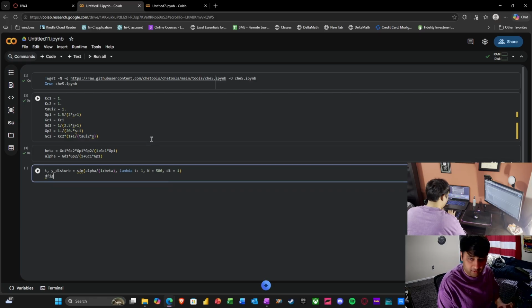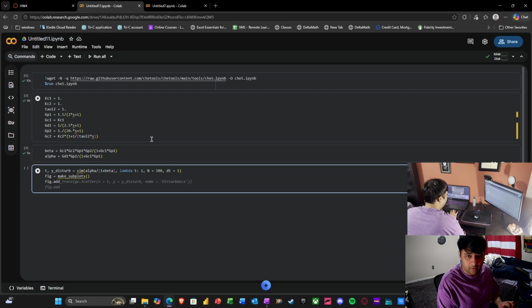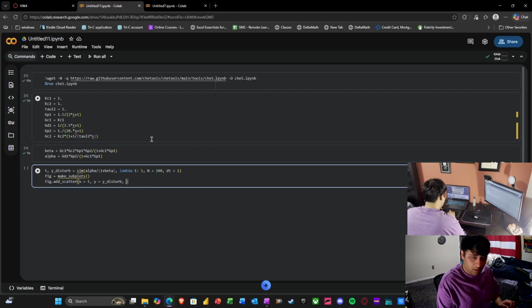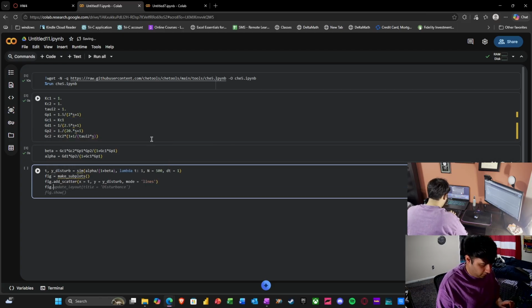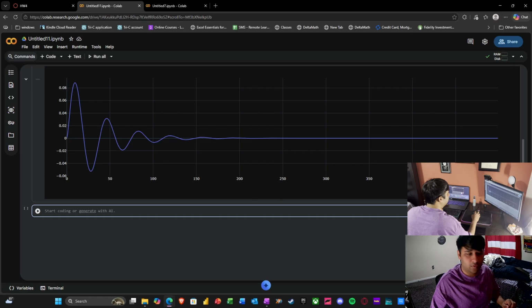And then fig equals make_subplots, and fig.add_scatter x equals t, y equals y disturb, mode equals lines, and then fig.show. So there is our first graph.